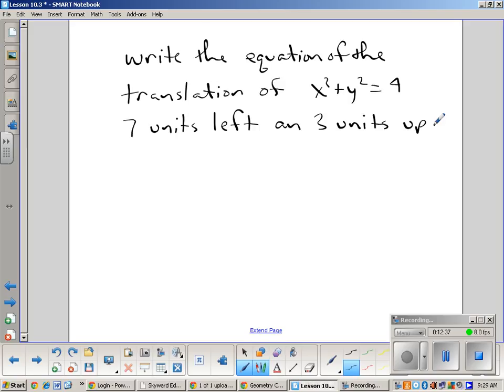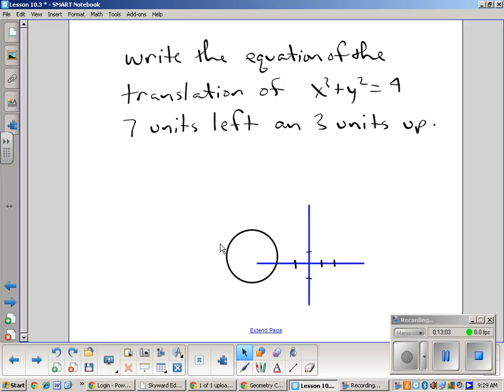Now, if I wanted to graph this, what they're saying is, I want to move this circle from here, 7 units left, and 3 units up, and put it over there somewhere. And then I want the equation of that.